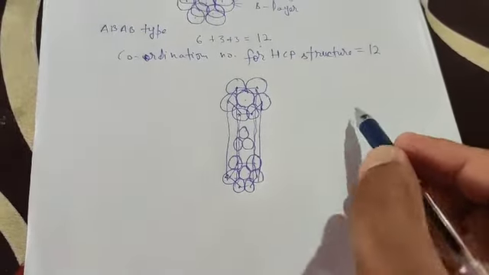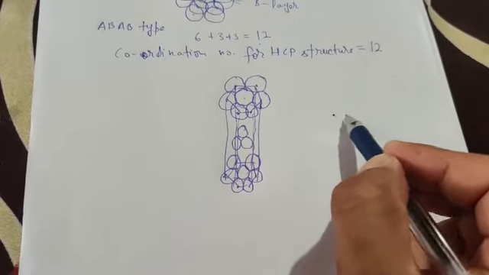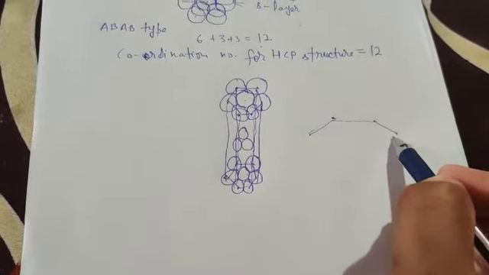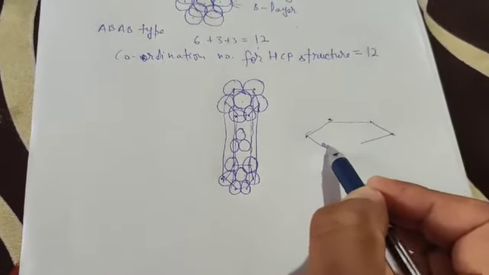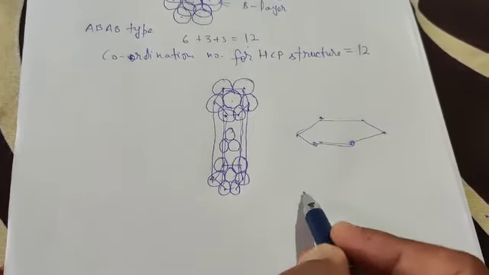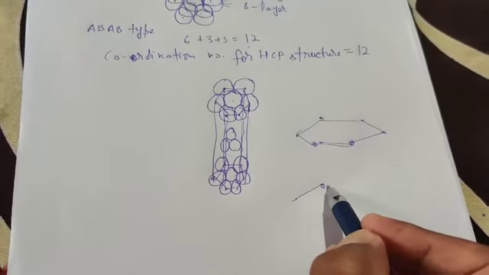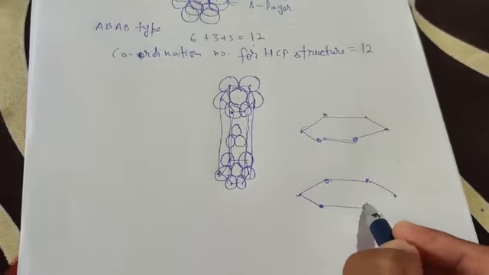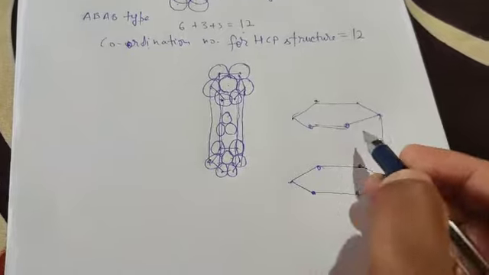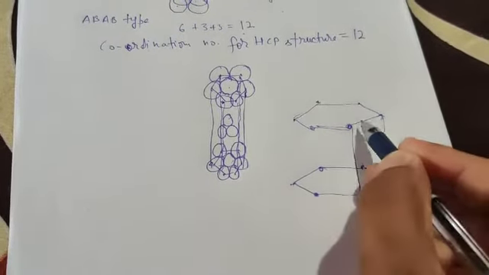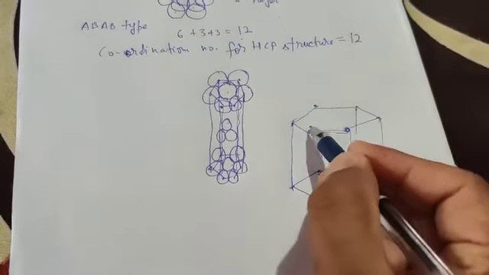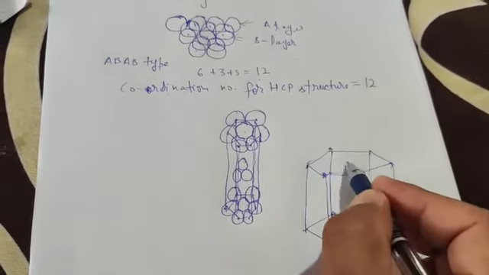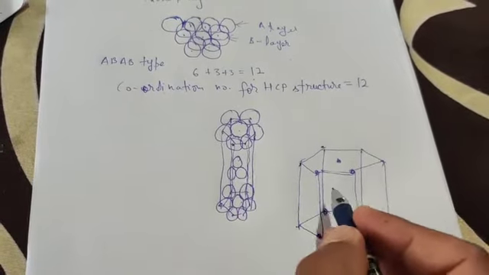So if you neatly draw this diagram, this is the central atom, and these three atoms are inside this hexagonal.